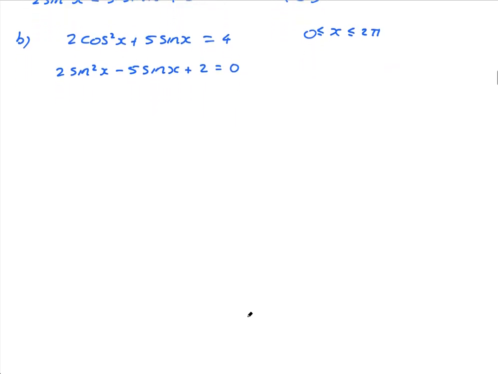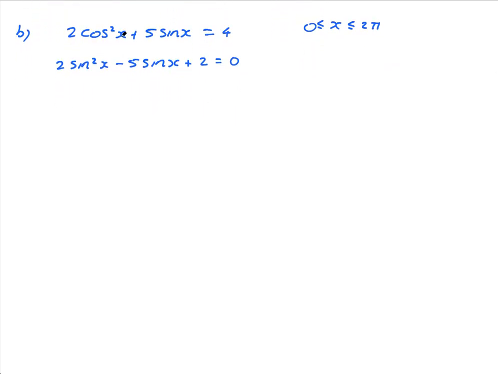Okay, hopefully you can see this is a quadratic, so you could let y equal sine x, or any variable you want, except x. So y is equal to sine x. Now I have 2y squared minus 5y plus 2 equals 0.